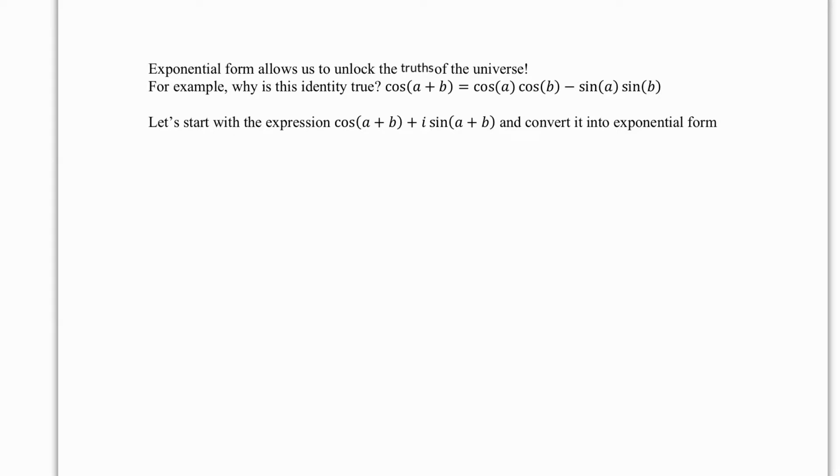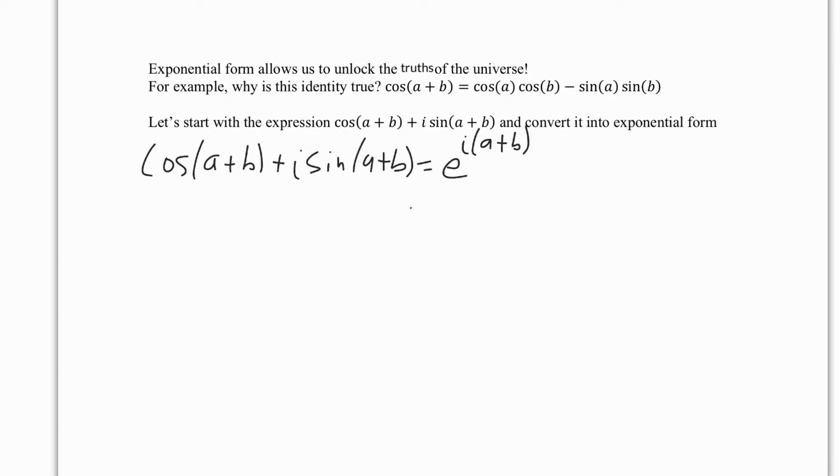So what we're going to do is start with this expression, cos of a plus b plus i sine of a plus b. And we're going to convert it into exponential form. So the radius here is 1, it's invisible, so we don't have to write it. We have e to the i, a plus b.